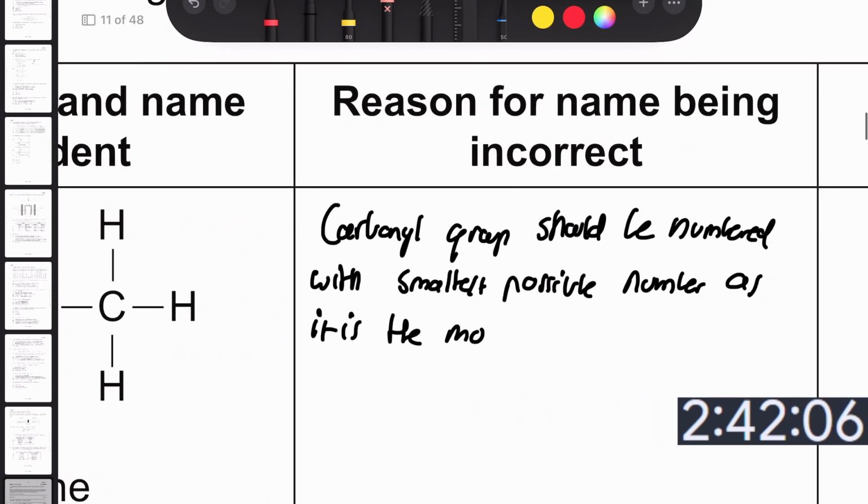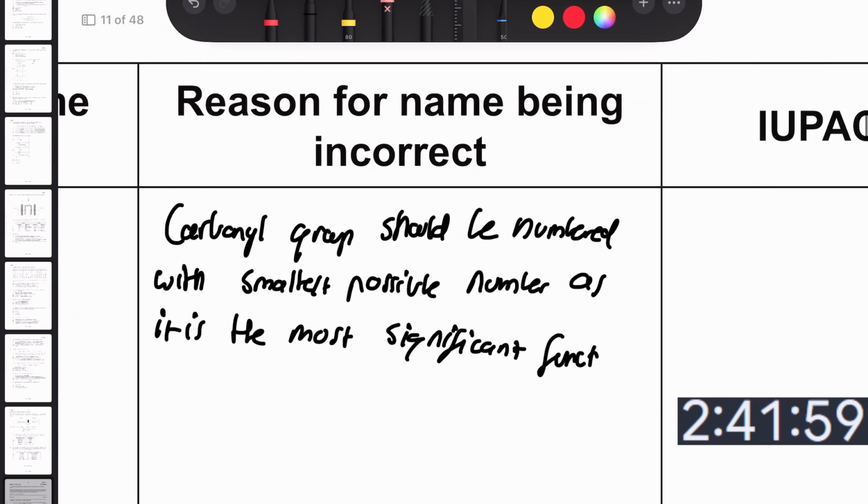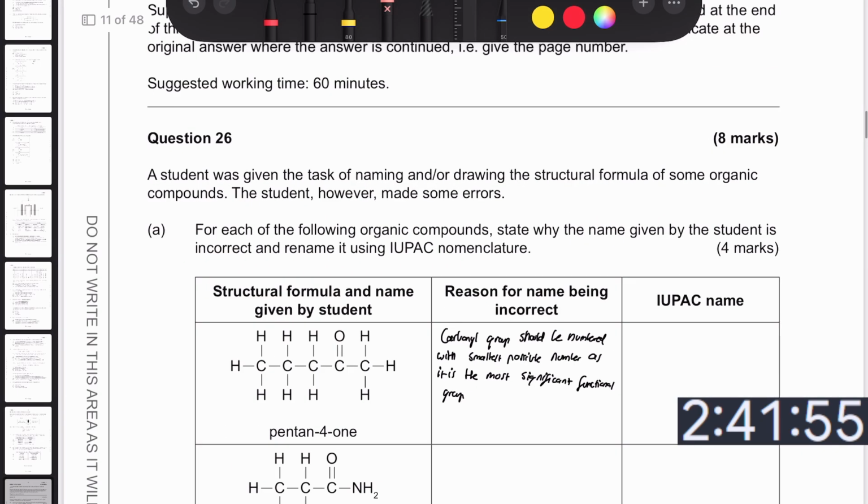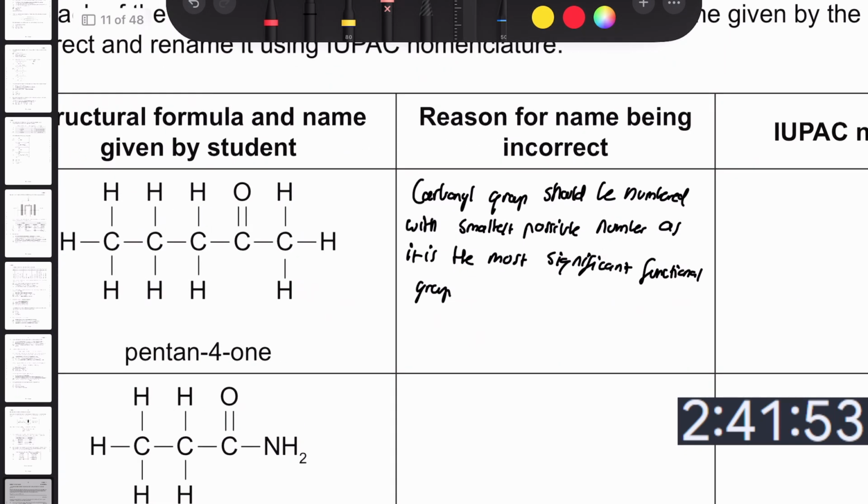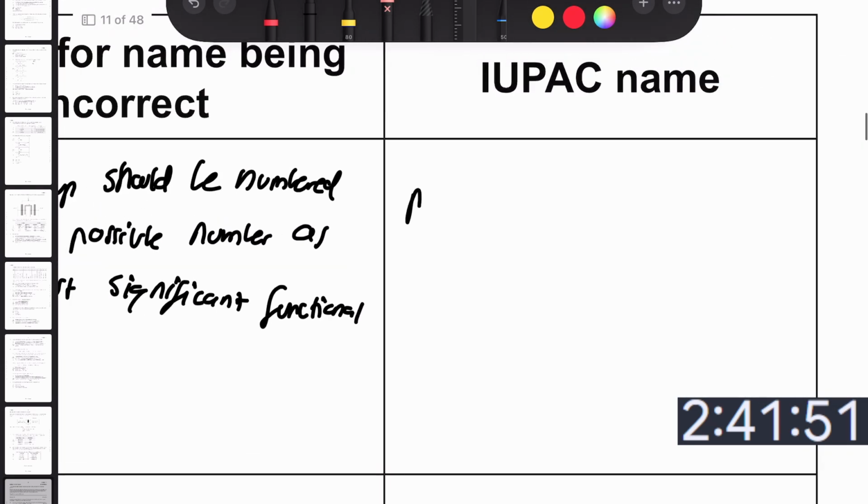It's the most significant functional group. So the proper IUPAC name is going to be 2-pentanone.